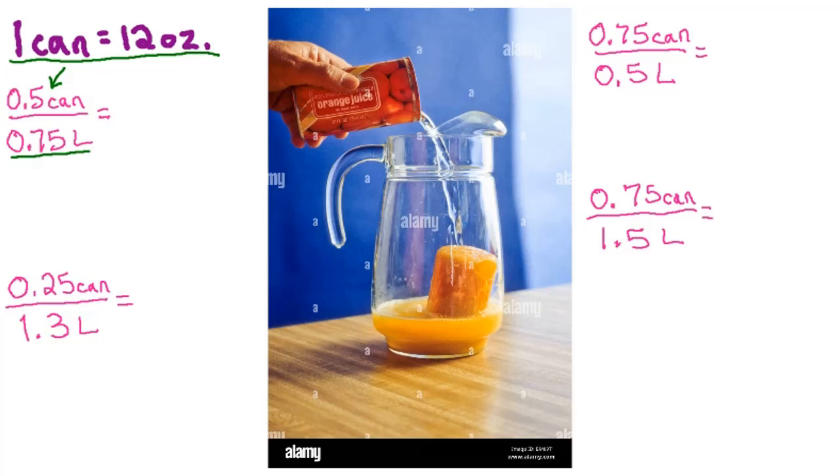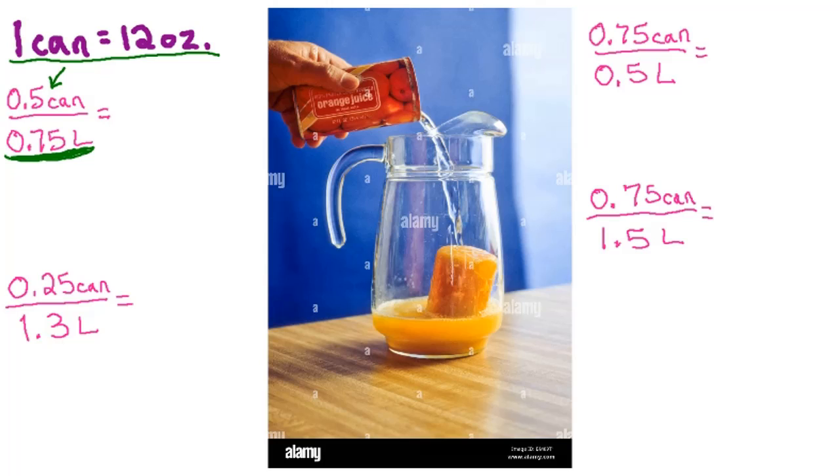No, it is not, because molarity always has to be out of 1 liter. But we don't have 1 liter here. We have 0.75 liters. So what we need to do is change this to 1 whole liter.